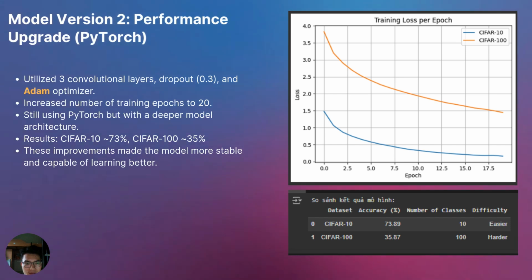This version gets higher performance compared to the previous one, with CIFAR-10 at 73% accuracy and CIFAR-100 at 35% accuracy. Look at the line graph of the training loss per epoch. That shows the same trend as version 1.